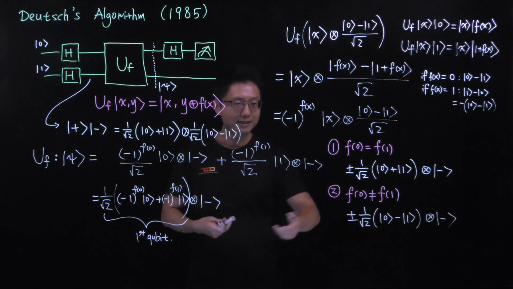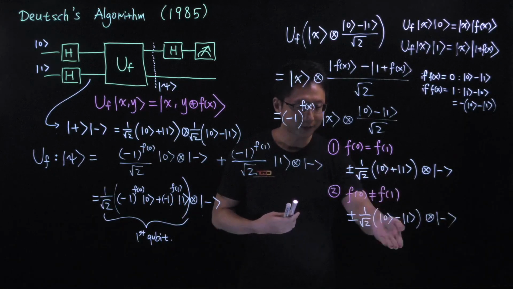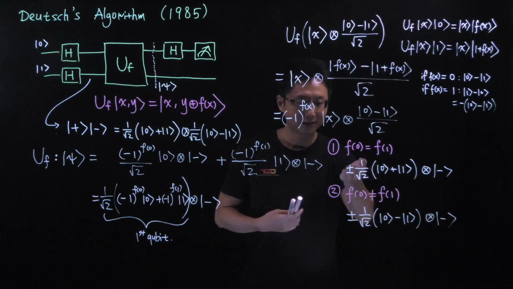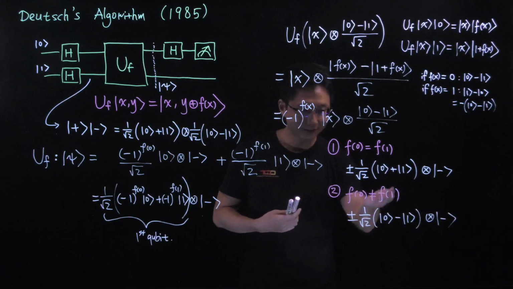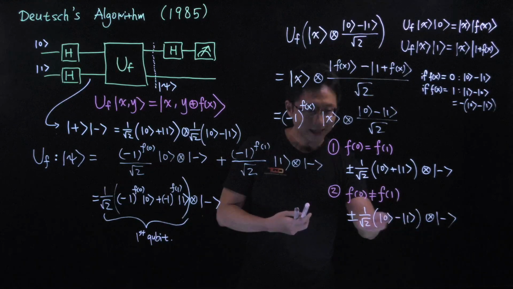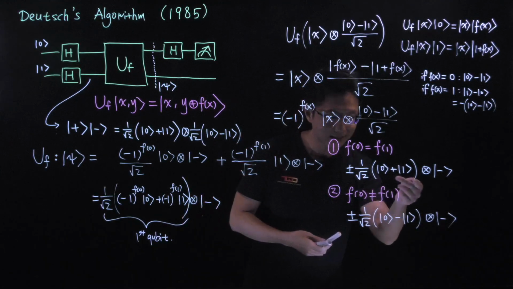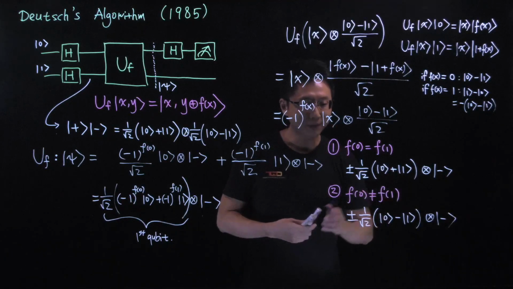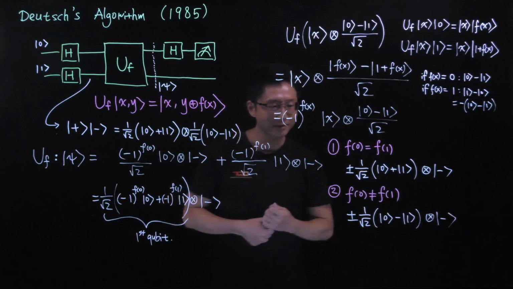By now you can already see that these two states are orthogonal, because this is basically the plus state. The overall sign of plus minus 1 is a global phase factor in front, which is not relevant, and this is a minus state. So you can already see that this state and this state are orthogonal, and they can be perfectly distinguished by a certain measurement.